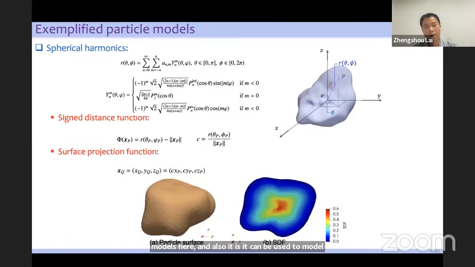In geomechanics, spherical harmonics use a Taylor series expansion-like concept to model irregular-shaped particles, so it is very widely used to characterize soils and sands.